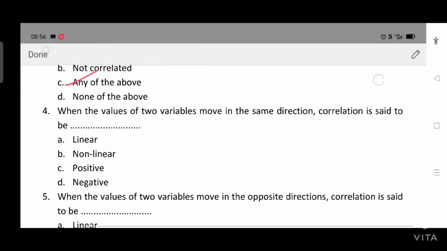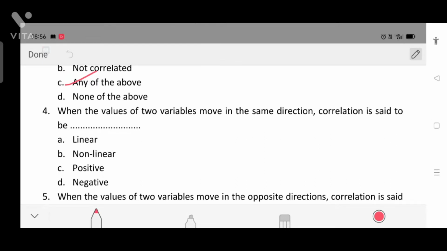Fourth one, when the values of two variables move in the same direction, correlation is said to be A, B, C, D. Answer C. Positive.